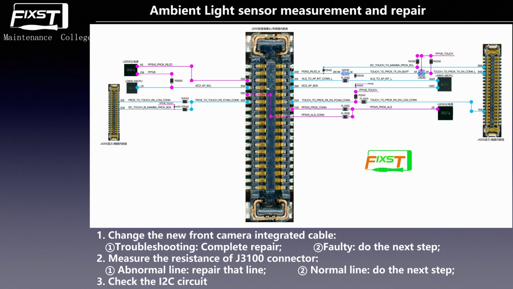So if the display wants to work normally, it needs the PMU and the U4000 display touch power IC working normally, right? If the phone can power on, normally the PMU is working normally. So this time, we focus on the U4000 display touch power IC and how it works.